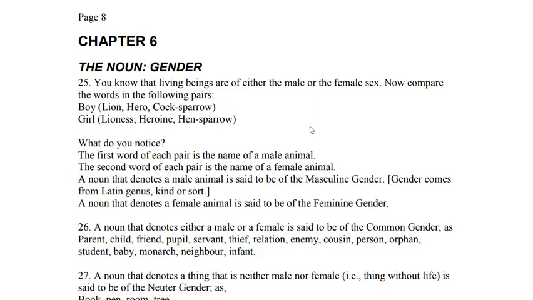So, a noun which denotes an animal or a human being of the male sex is of masculine gender, and a noun which denotes an animal or a human being of the female sex is of feminine gender. Boy, lion, hero, and cock sparrow are nouns of masculine gender. Girl, lioness, heroine, hen sparrow, etc. are the nouns of feminine gender.